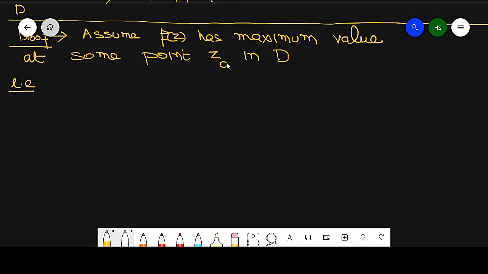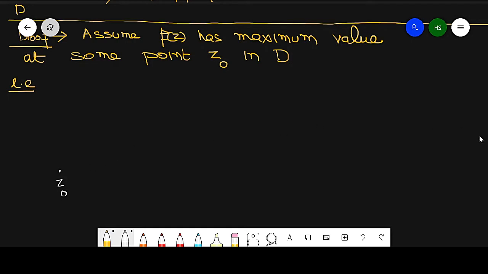Now, if this is some domain D and this is some point z naught, and this is a polygon line.